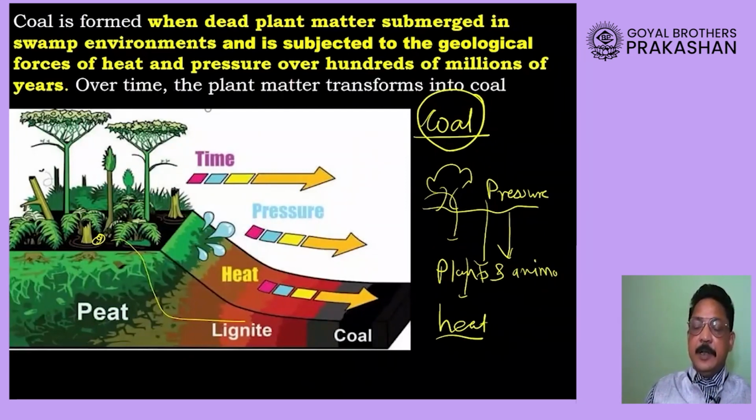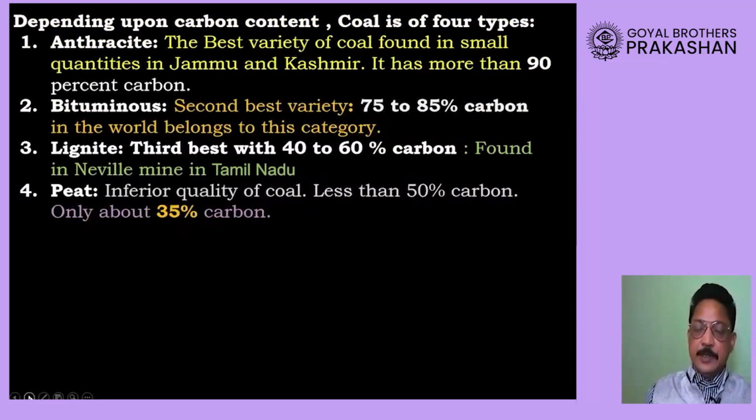You must have studied, as we go inside the earth, the temperature goes on increasing. So due to this pressure and heat that is present, these plants and animal bodies, dear students, they got converted into coal. Of course, it requires millions of years time.